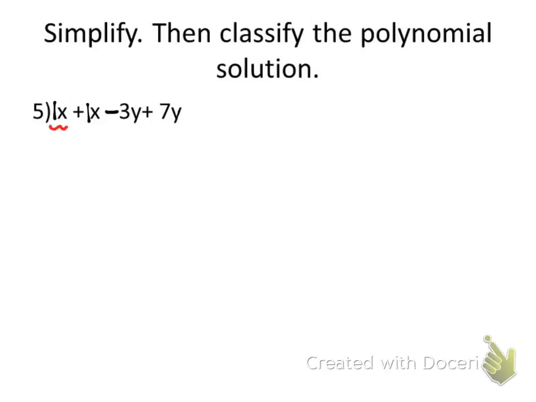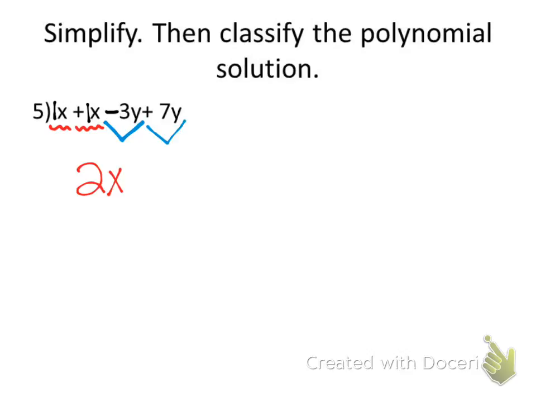The x's are like terms, so add their coefficients. What is 1x plus 1x? 2x. Now, here is where it gets tricky. That negative or that minus stays with the 3y.